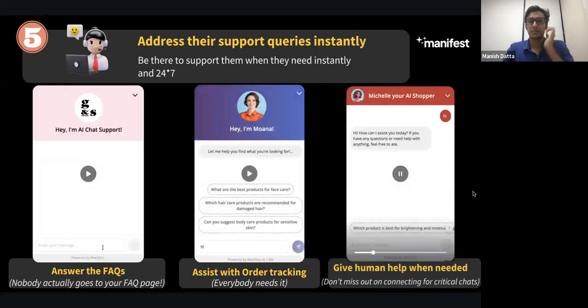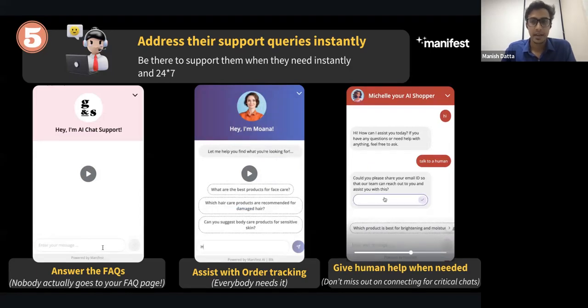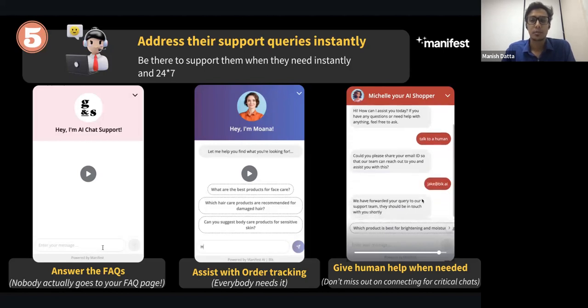And again, while we have been talking about how AI can help you address queries instantly and increase the conversion, what you shouldn't forget is that customers at the end of the day are humans, and there might be instances where they probably just want to get connected to a human agent.